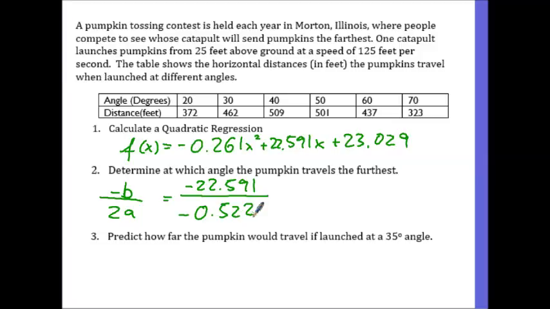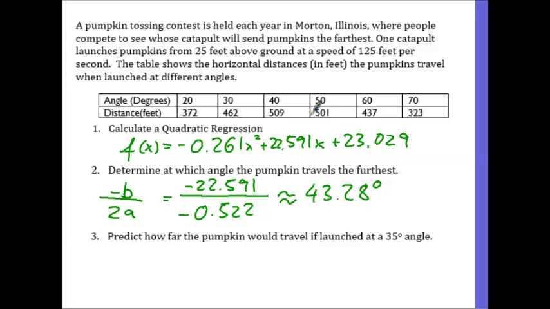And what do we get when we do this? We're going to get approximately 43.28 degrees. That's our angle. And if we look at the table and we see that 43.28 is between the 40 and the 50, those were the two largest values also for the distance.